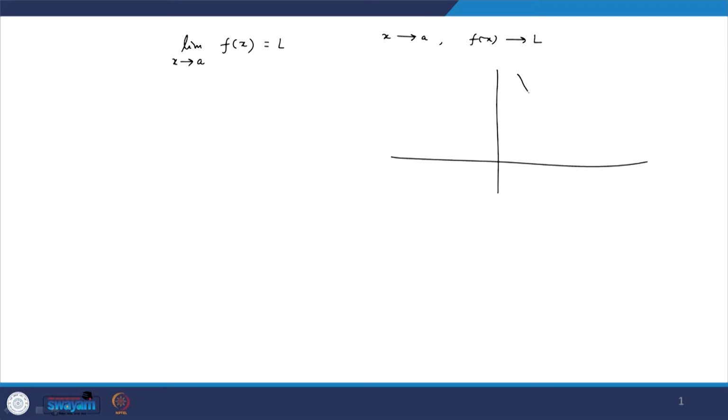Graphically, what does it mean? Suppose you have this type of function, and suppose this is x equal to a.